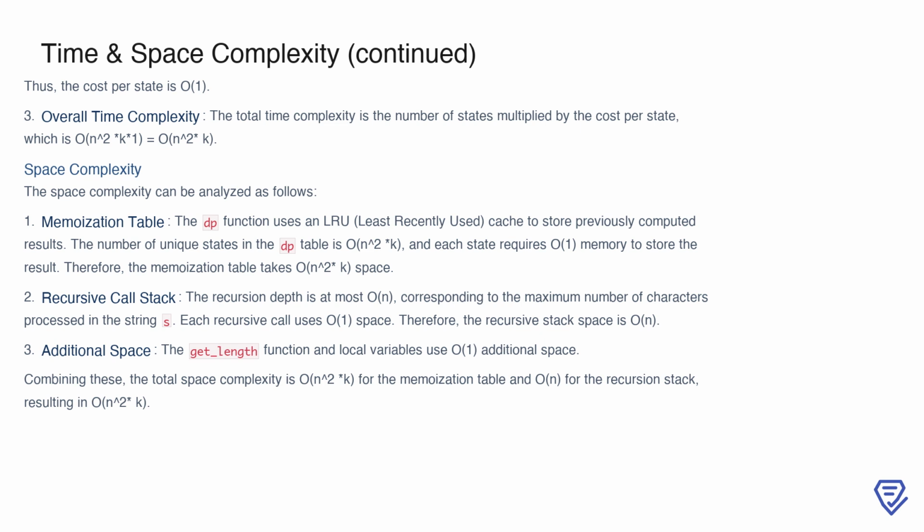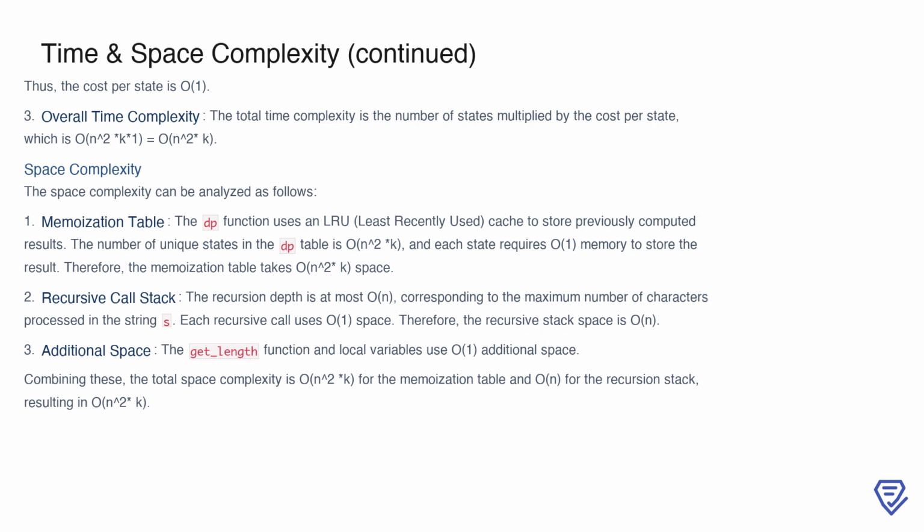Moving on to space complexity, the primary contributor is the memoization table, which stores results for all n²*k states. Each state requires 1 memory, so the overall space usage for the table is n²*k. Additionally, the recursive call stack contributes to the space complexity.